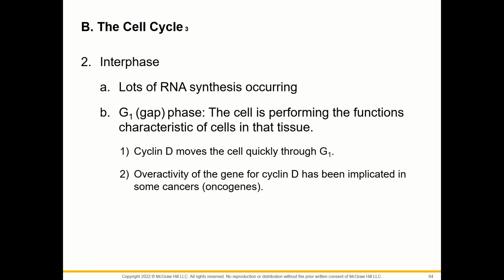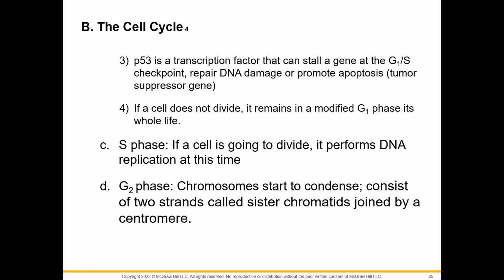Overactivity of the gene for cyclin D has been implicated in some cancers, and those are called oncogenes. So P53 is a transcription factor that can stall a cell at the G1/S checkpoint, repair DNA damage, or promote apoptosis, which will kill the cell, and that's a tumor suppressor gene. So the P53 is a good gene.